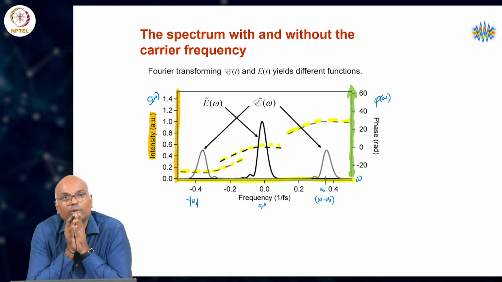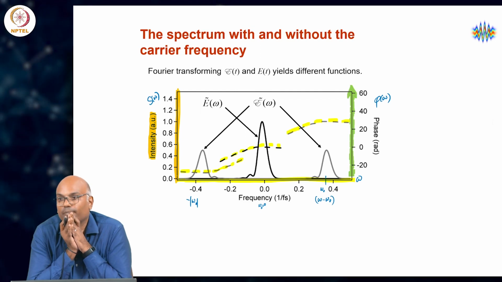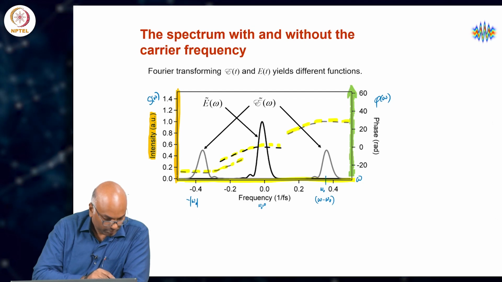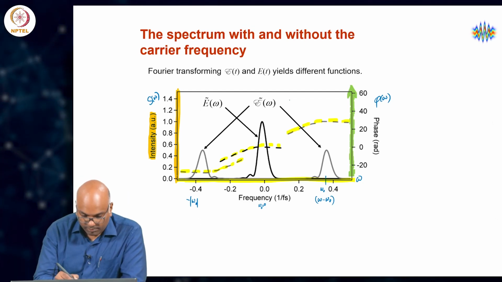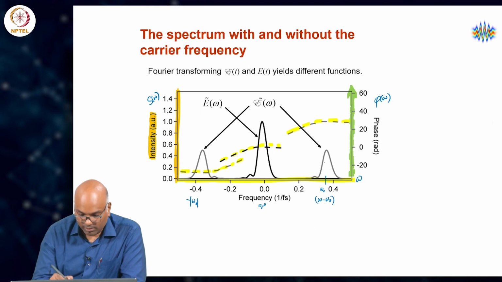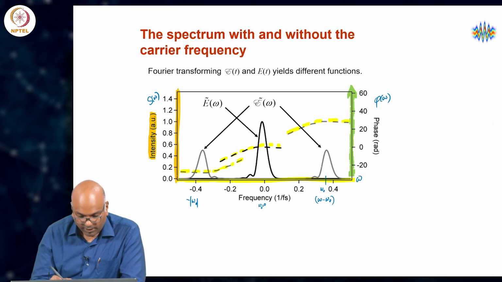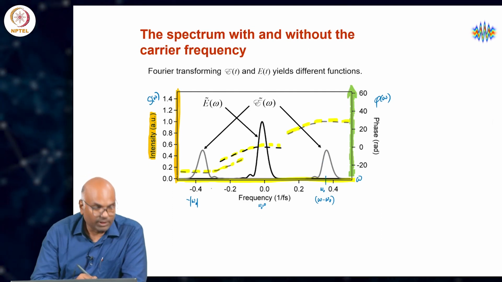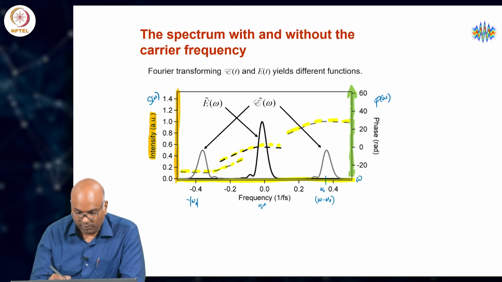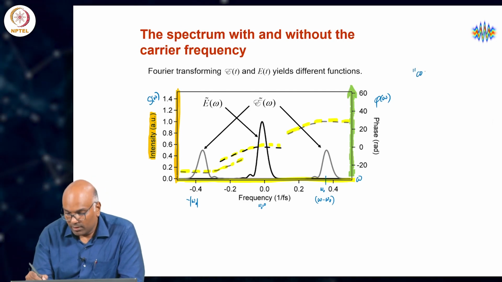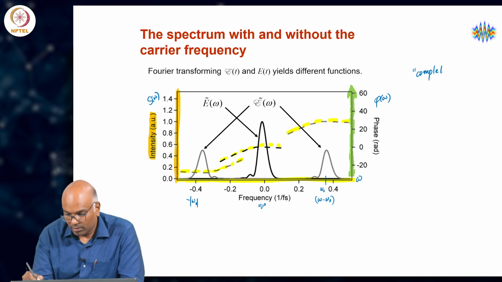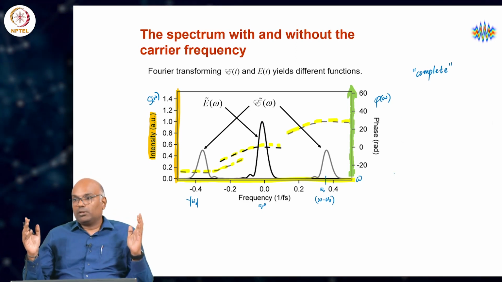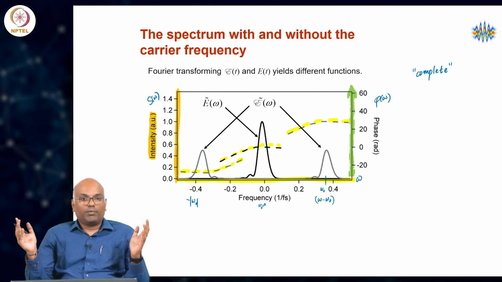Now, what do you say about this chart? I say that any of these pieces, spectral intensity with spectral phase, take any one of them. I say that this is a complete description of the pulse or the electromagnetic wave, the electric field.